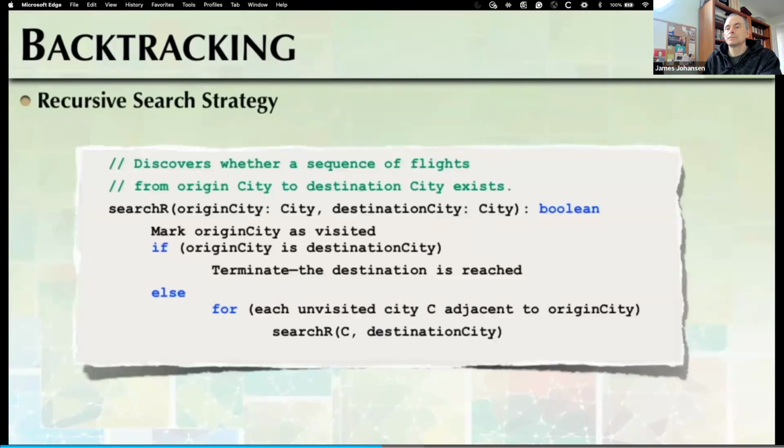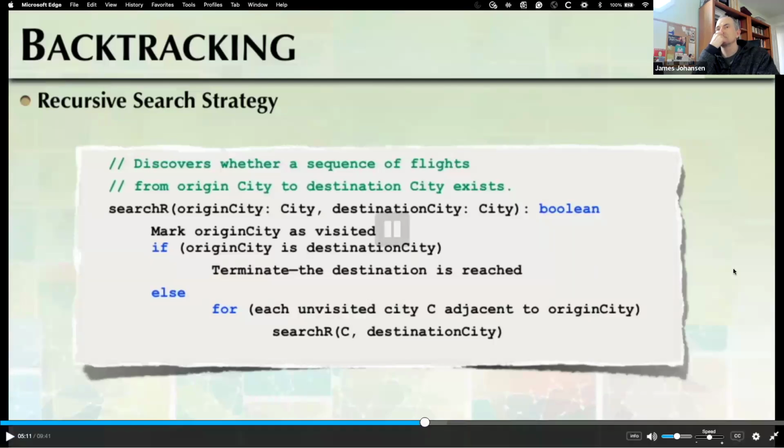We have a recursive search algorithm where we start at our origin city and we have a destination city. We mark the city we're at as visited. If this is what we're looking for, if the origin city is the destination city, we're done. Otherwise, for each of the cities we haven't visited that are next to the origin city, we recursively search based at that city, sending that city and the original destination city to the recursive call.